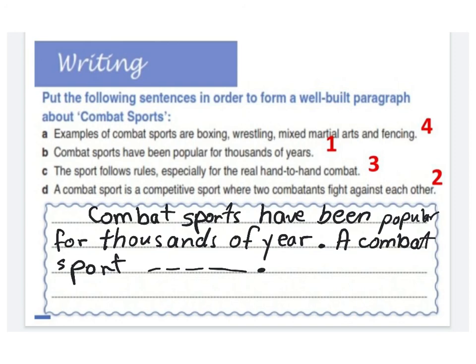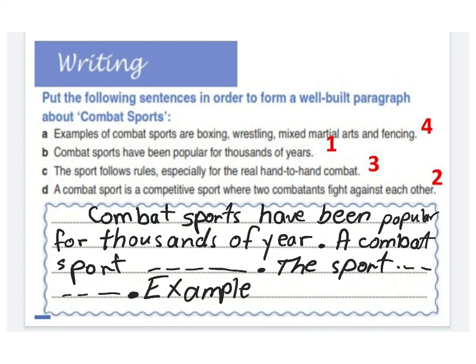The sport follows rules. Then when you finish the sentence, you put a full stop and you write number 4, examples, until you come to the end of the sentence.